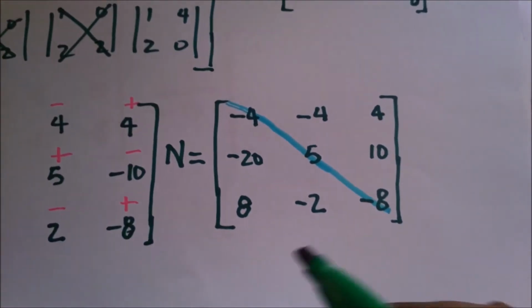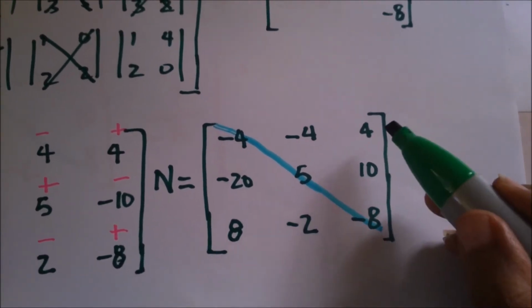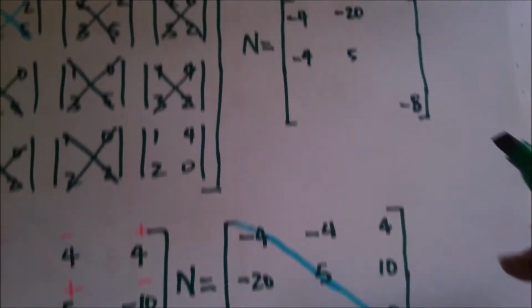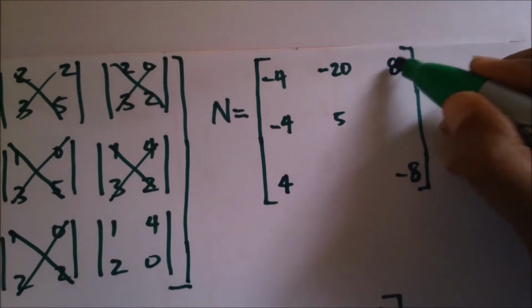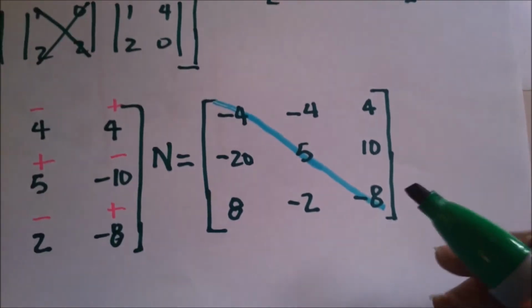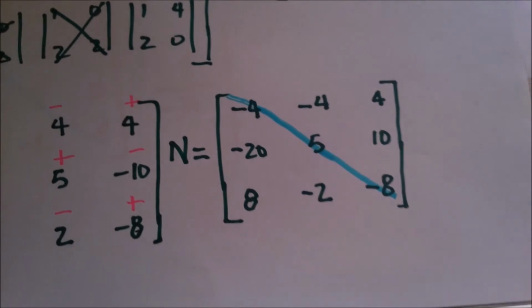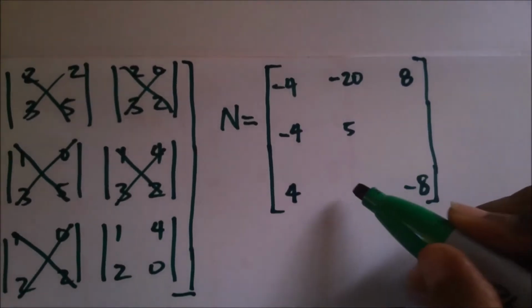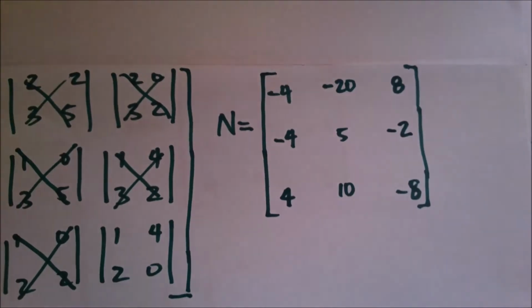We come back down here, and 8 and 4 are at opposite ends. So we're going to switch them. So we're going to put positive 4 here and positive 8 there. And then finally, we're going to switch the -2 and the 10. So we're going to put 10 here and -2 there.